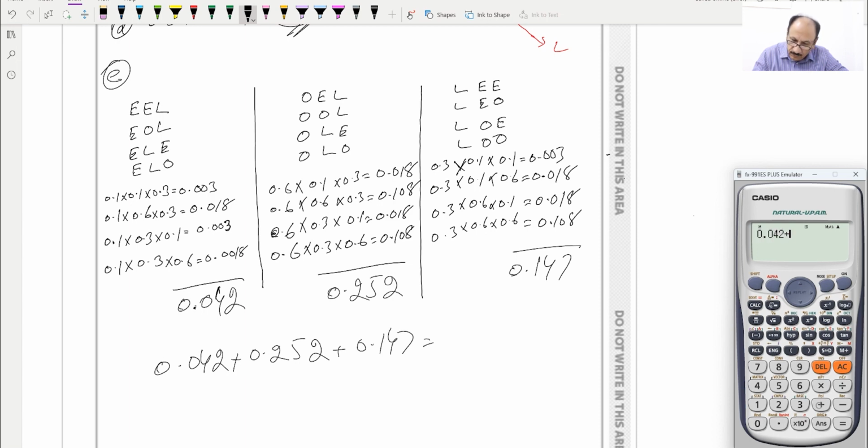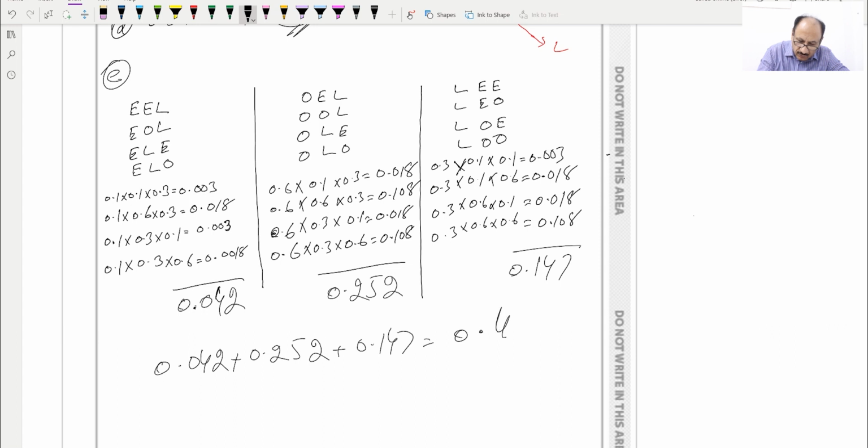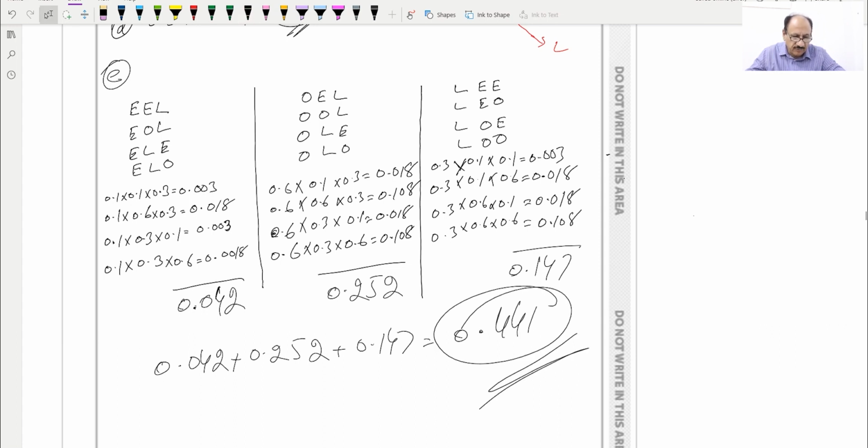This will be resulting to 0.441. This is the final answer for this question.